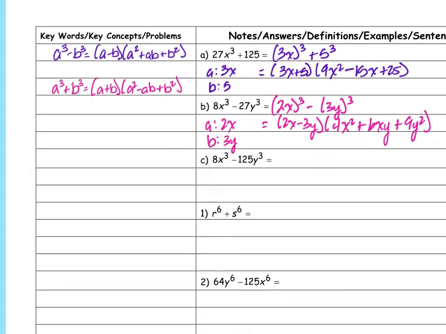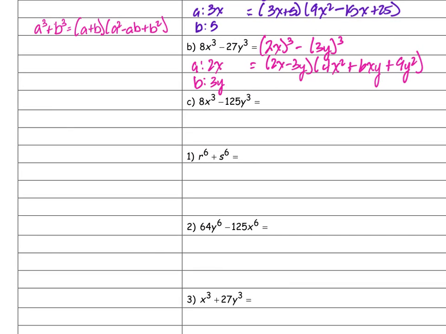And then number C, what would number C say? It would be rewritten as 2x cubed minus 5y cubed. And then A is 2x, and B is 5y. So this is a minus again. So 2x minus 5y.